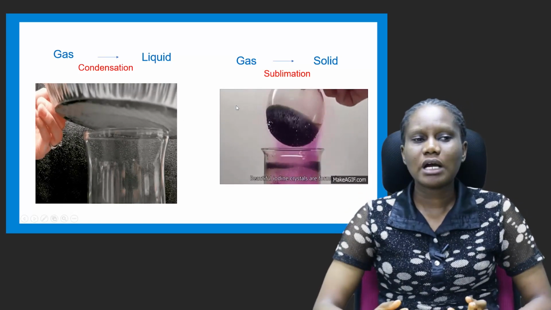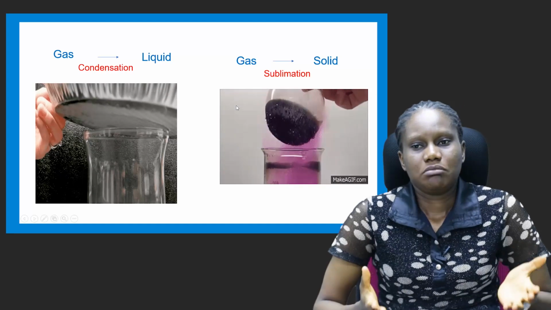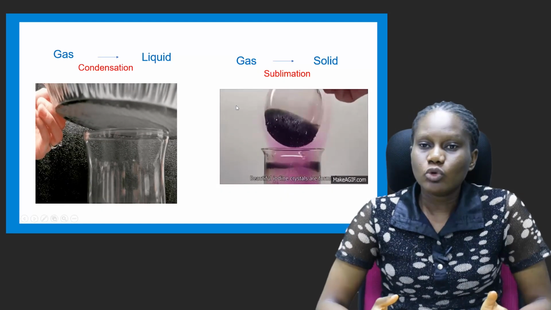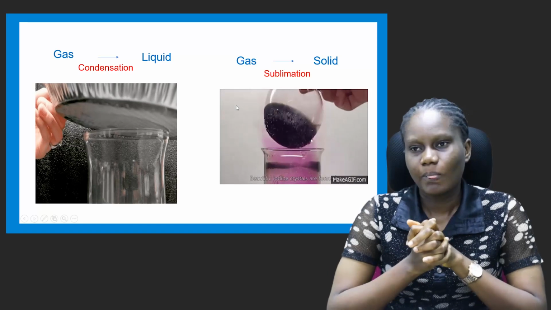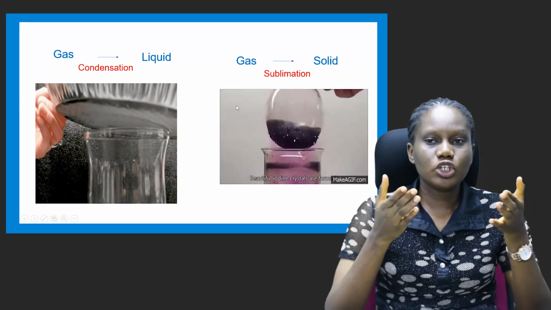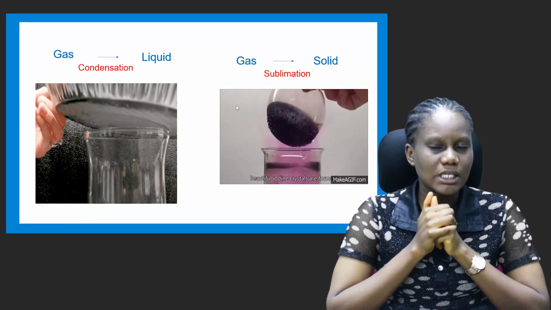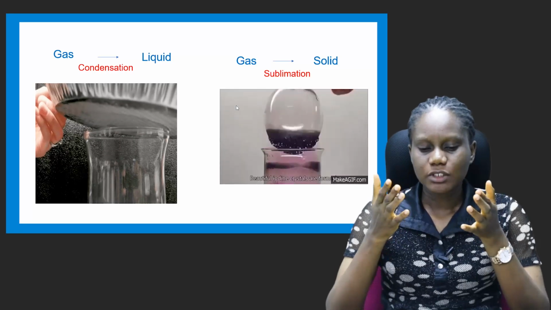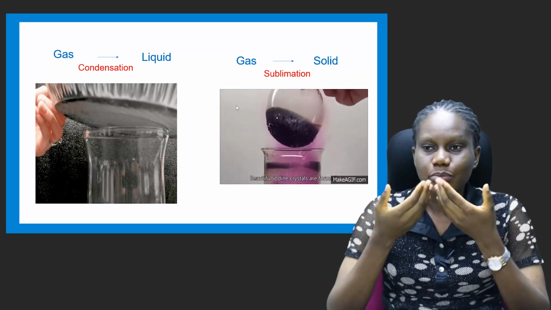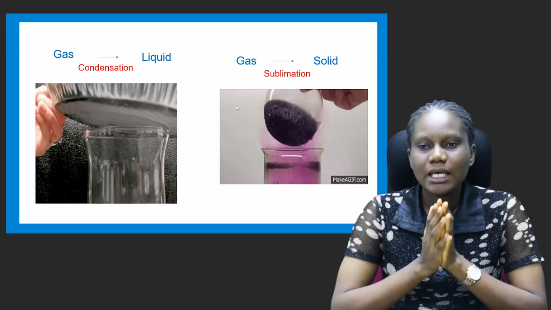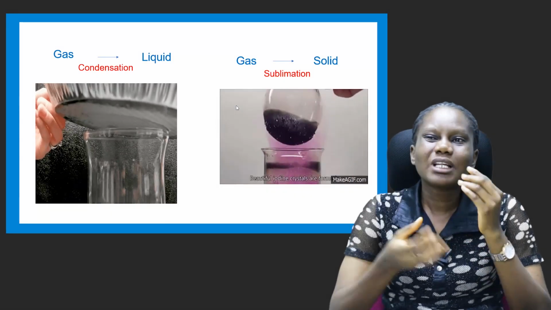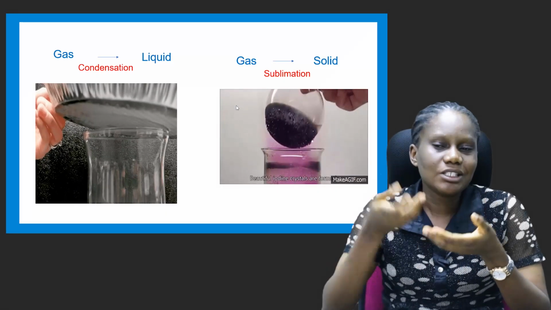And you can see from gas to liquid. These are experiments you can carry out in your homes, but you should be guided by an adult. I must say this. For example, if you're boiling water, and the liquid started boiling, at the boiling point you see something like smoke coming out. That is your gas.